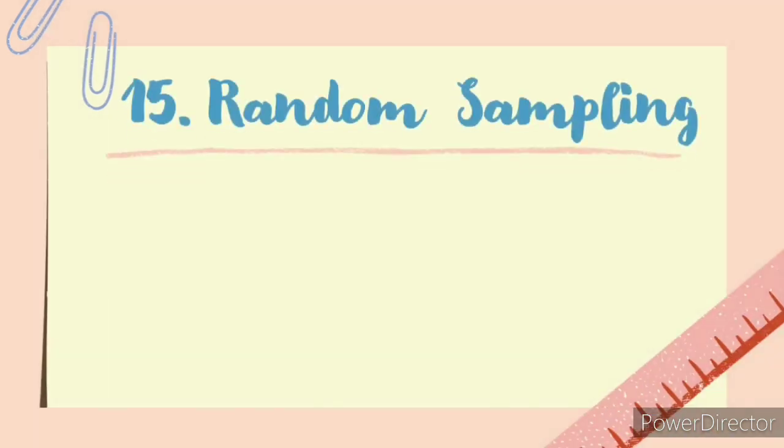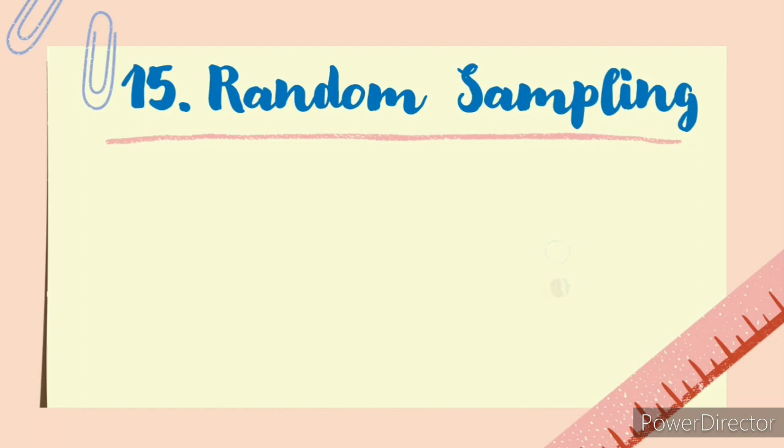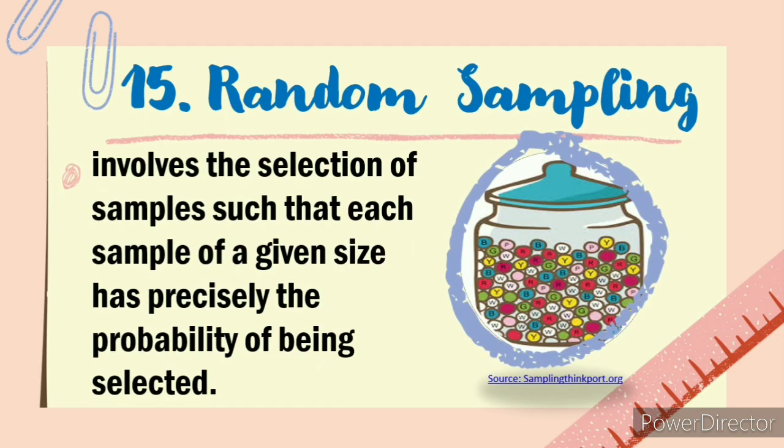Number 15, random sampling. It involves the selection of samples such that each sample of a given size has precisely the same probability of being selected, and it refers to the limited number of individuals chosen from the population. The simplest method of random sampling is through lottery.